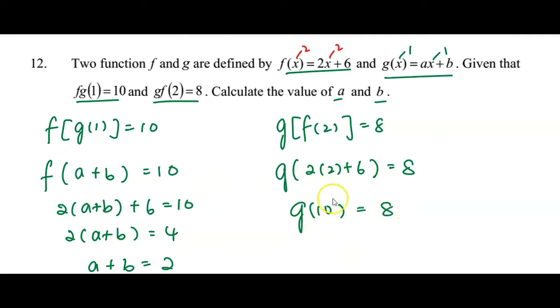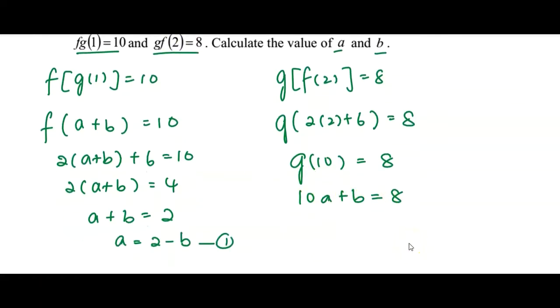So g(10), what does it mean? Meaning that the x here will be replaced by 10. You will obtain a multiplied by 10 plus b, that you will have 10a plus b equals 8. Okay, so I will put this as equation 2.